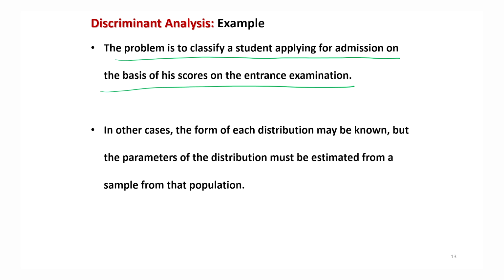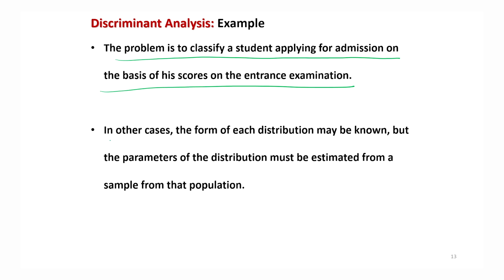You might say the cutoff is 90%. That means any student who gets more than 90% of marks is eligible to take admission in the college. Or if the cutoff is 90, all those students who have got less than 90% marks will not be given admission in the college.